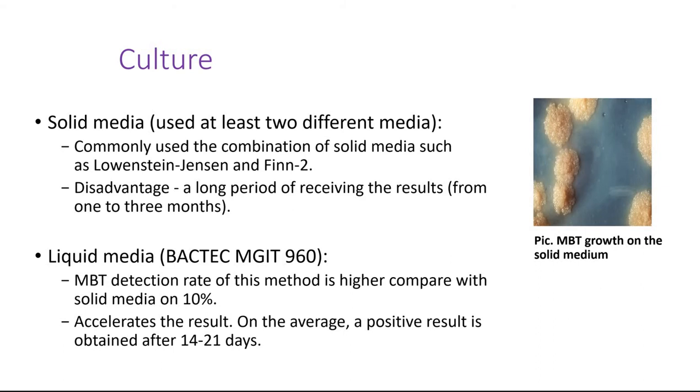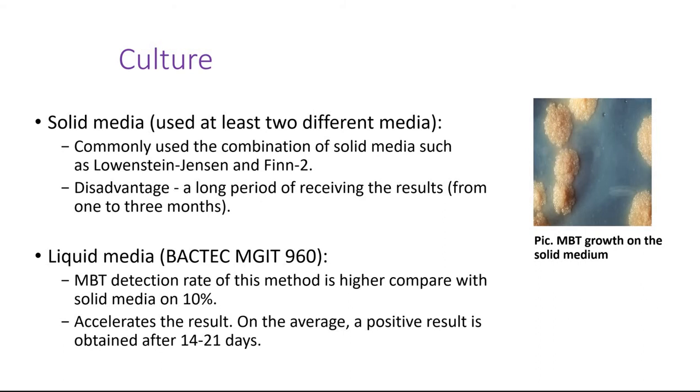And now it is time to go to the next method. It is culture, and we have 2 types of culture. The first type is solid media, using at least 2 different media.